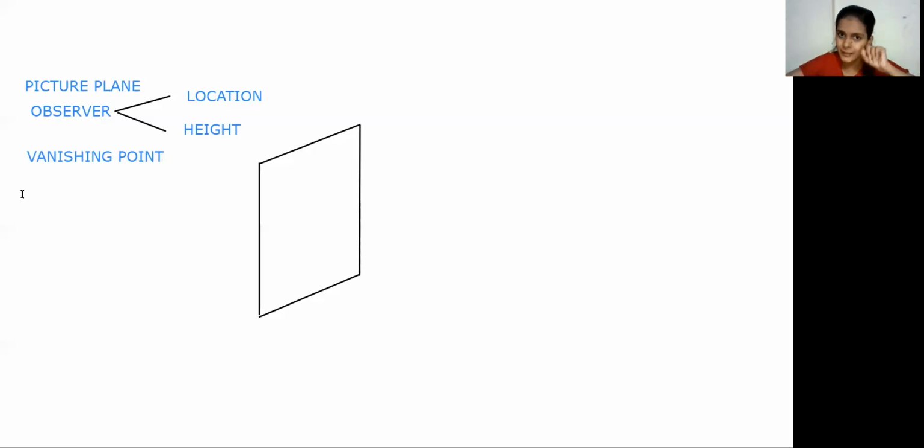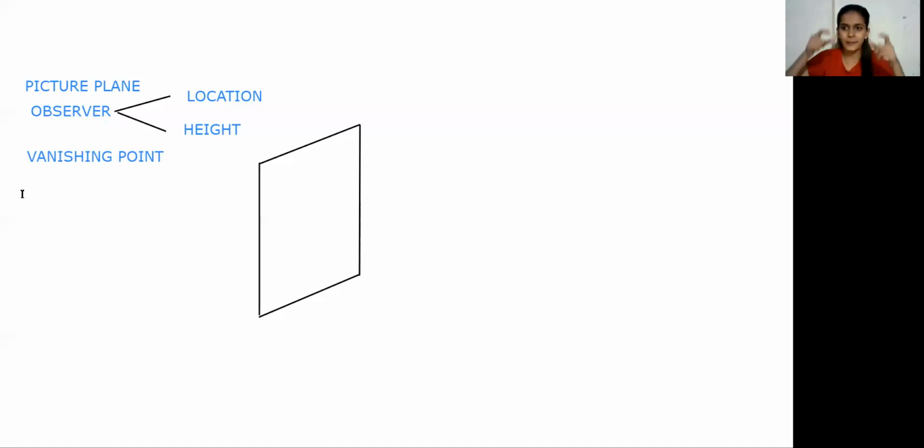The point where the non-parallel lines meet is known as the vanishing point. It may be 1 vanishing point, 2 vanishing points or 3 vanishing points. Why up to 3 only? Because we have only 3 sets of parallel lines.